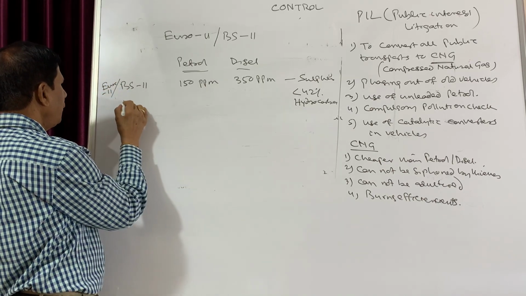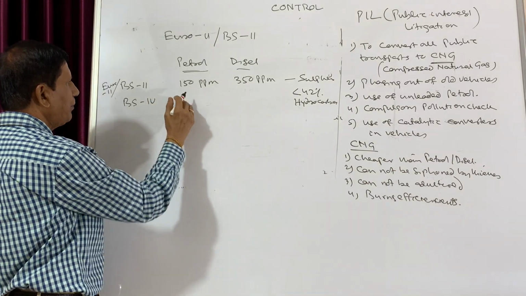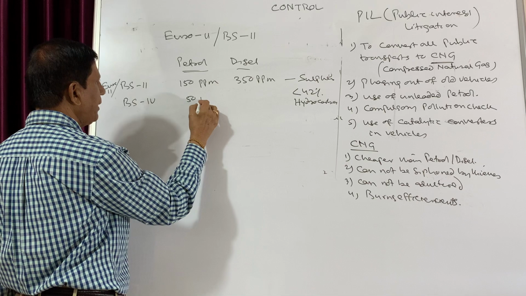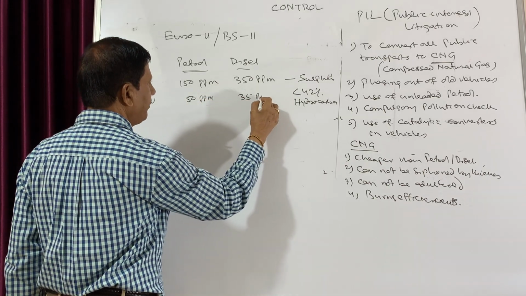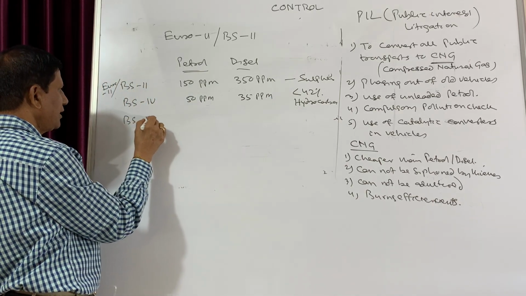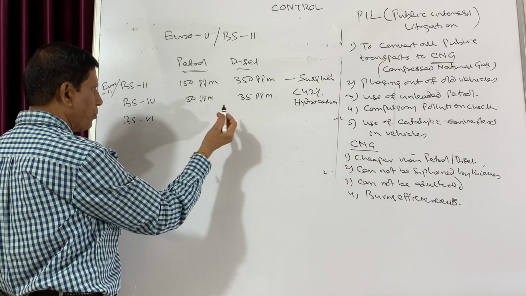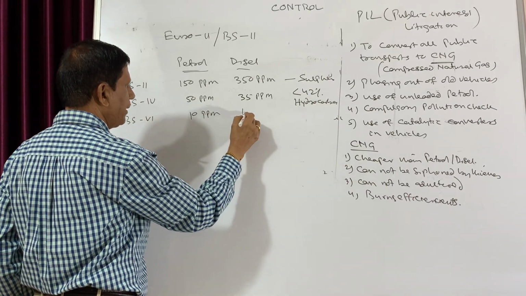And according to BS4, the 150 was reduced to 50 ppm of sulfur, and this only 35 ppm. While according to BS6, for both petrol and diesel, it has been reduced to 10 ppm.